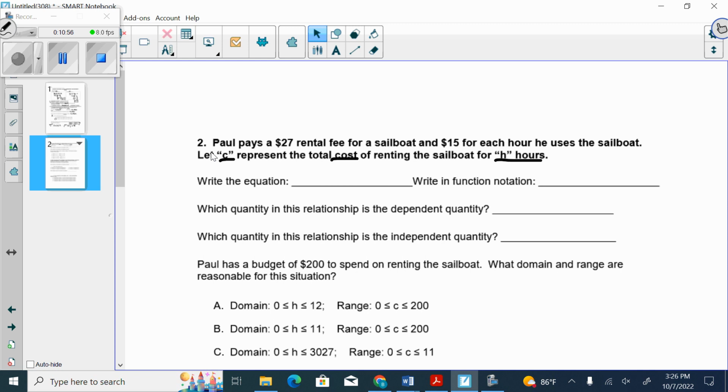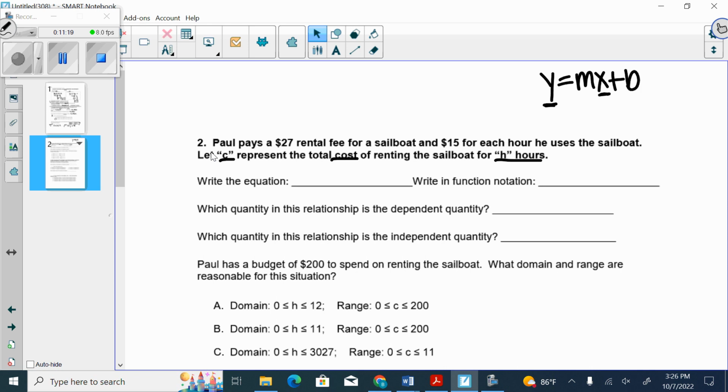Okay, so normally when we write an equation, we write it in y equals mx plus b form, right? So the y usually goes first, and the x is somewhere in the equation, right? And in this scenario, our two variables are cost and hours. Well, hours is time, right?